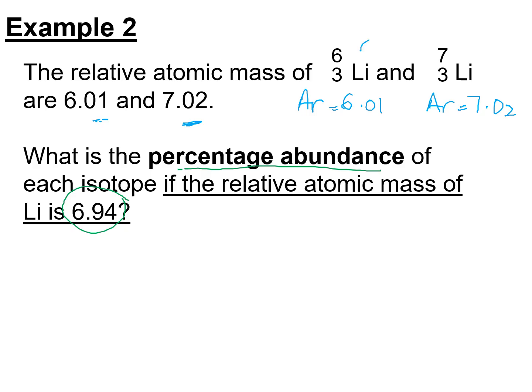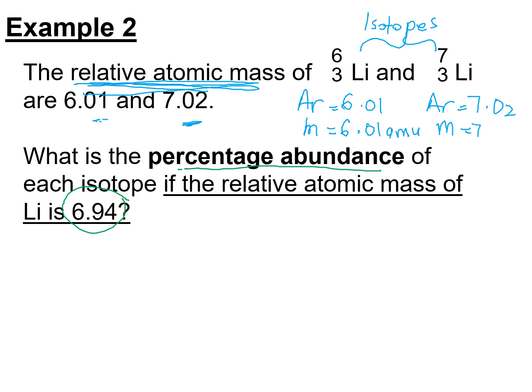Macam soalan ni, dia bagi relative atomic mass untuk each isotope berbeza. Dua-dua ni isotope. So, you kena tahu tips kat sini. Kalau soalan tu dia bagi relative atomic mass untuk isotope, bermaksud itu adalah mass kepada isotope tersebut. Kiranya mass of 6 Li ni adalah 6.01 AMU, and mass untuk 7 Li ni adalah 7.02 AMU.